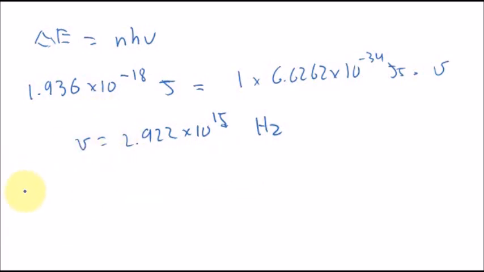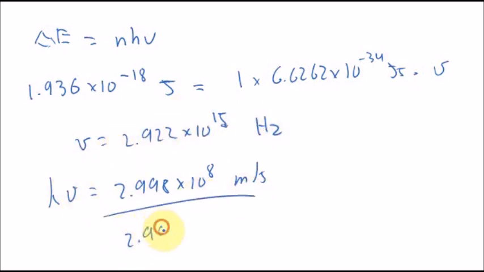So we know that the wavelength times the frequency of any wave equals the speed of light, which is 2.998 times 10 to the 8th meters per second. So we're going to have to divide that by the frequency we have here, 2.922, sorry, times 10 to the 15th hertz.